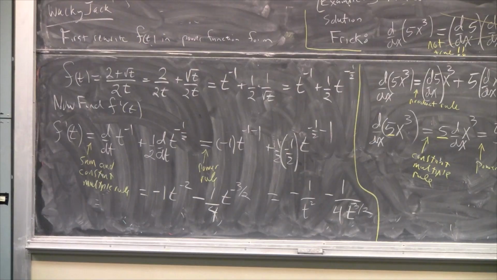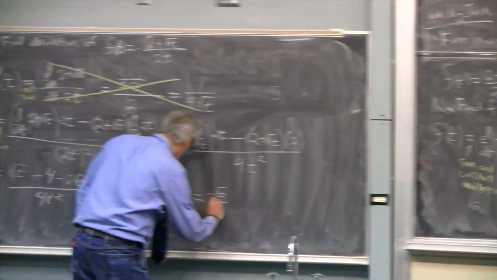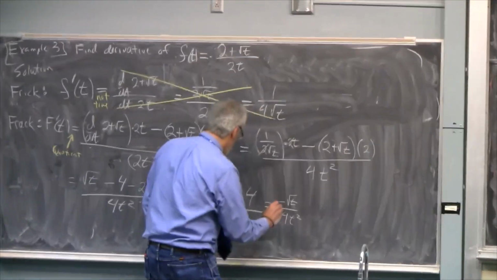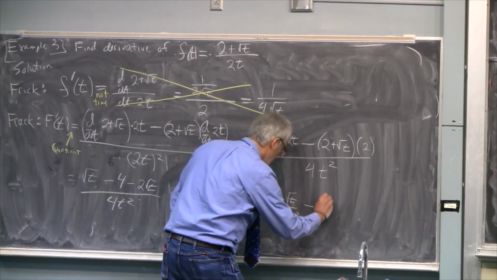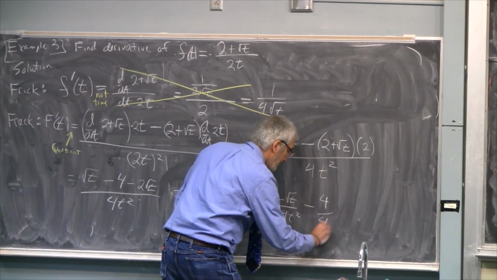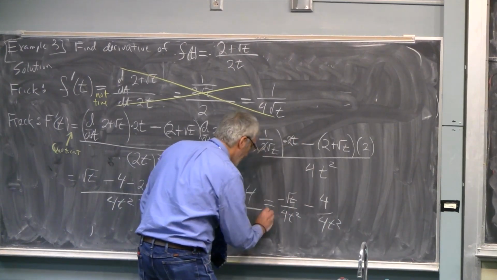You have to put Frack's in power notation, I believe. Right, so Frack's not done simplifying here. So let's break this up into two things. This is minus square root of t over 4t squared minus 4 over 4t squared. So simplify more.